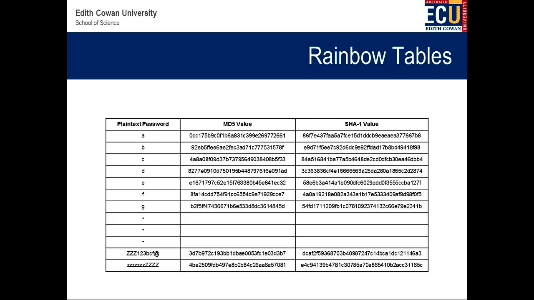So essentially, this is how your rainbow table looks. What we obtain out of these rainbow tables is that we reduce the time we spend calculating the hash values, because the larger your string gets, the more time it takes for the hash value to generate.